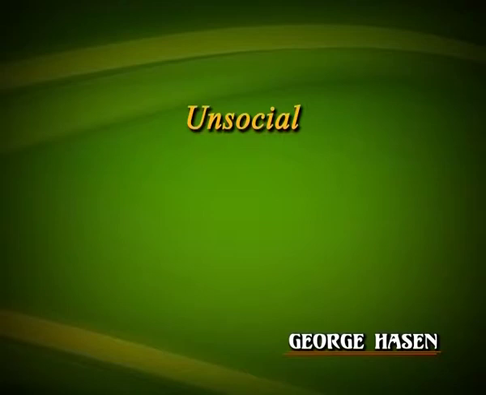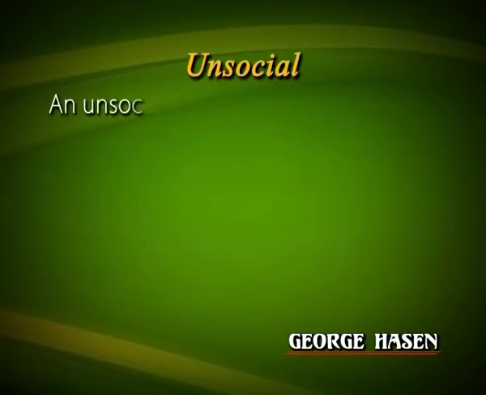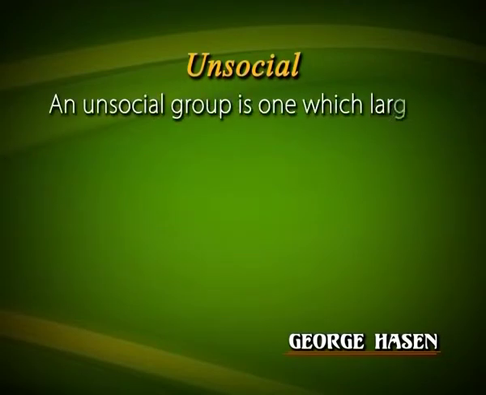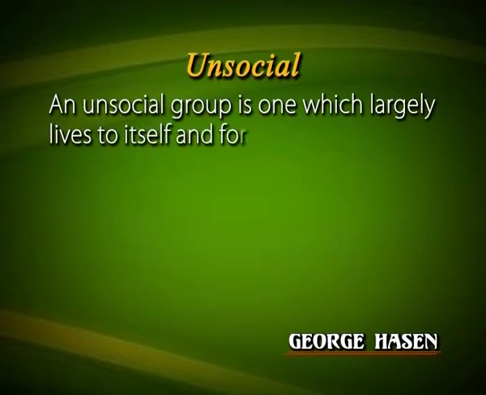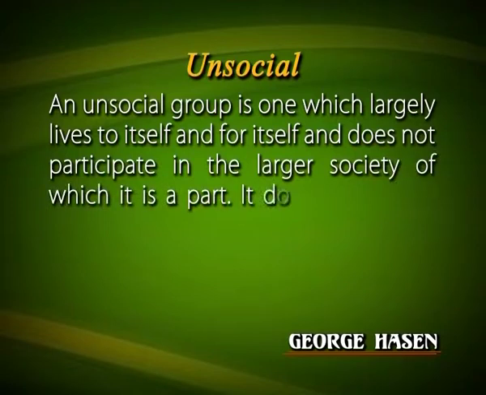George Hassan has classified groups into 4 types on the basis of their relation to other groups. They are unsocial, pseudo-social, antisocial, and pro-social groups. An unsocial group is one which largely lives to itself and for itself and does not participate in the larger society of which it is a part.